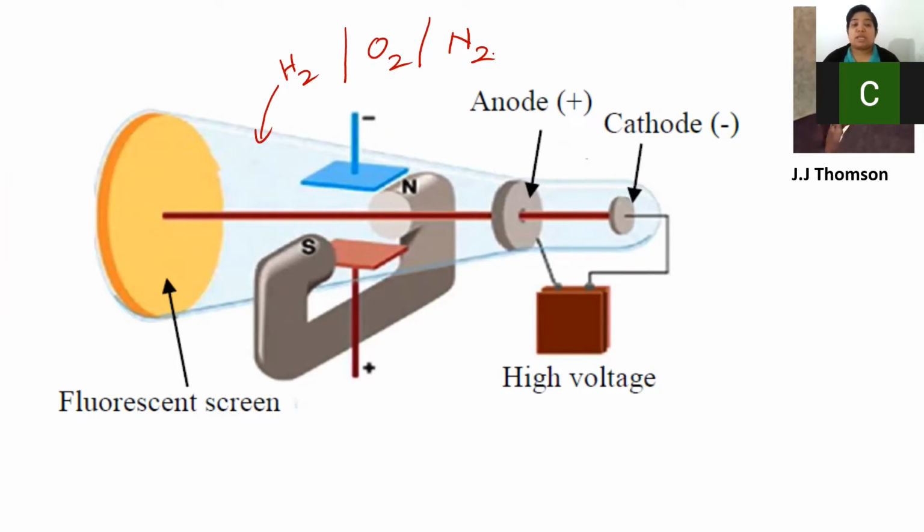So that made him conclude that whatever this cathode ray is, it is like a particle that is unique to all matter. So therefore, we give him the credit for the discovery of the electron.